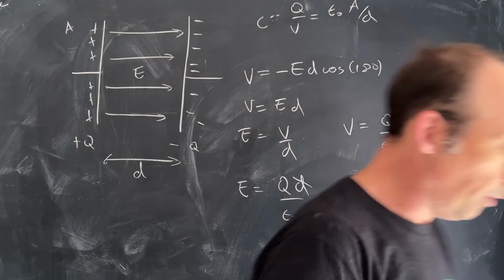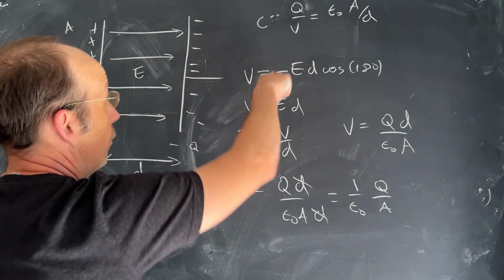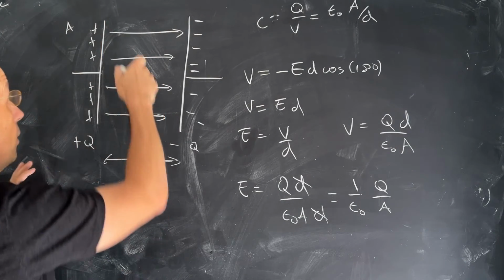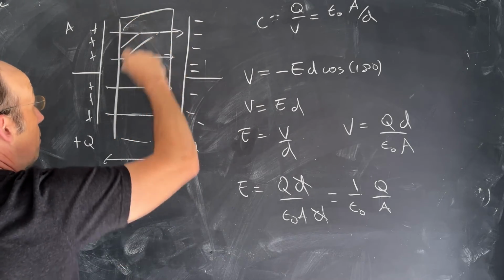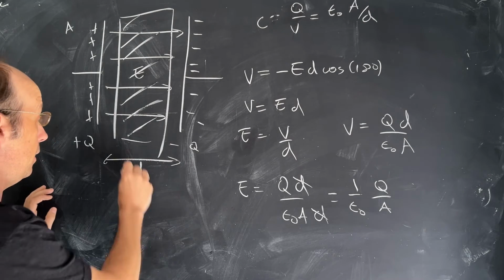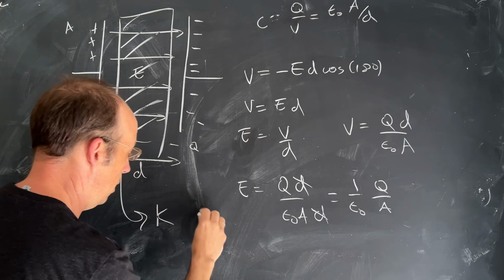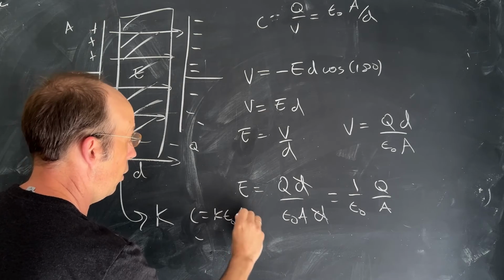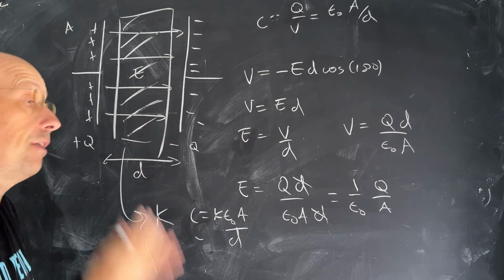Okay. Oh, and then there is this other one. We had the capacitance of a capacitor like that. It's possible that I could put an insulating material in there. So if I put some material in the middle, like plastic or something like that, it would have what we call a dielectric constant, K, and the capacitance would be K times epsilon naught A over D. So we can increase the value of the capacitor by putting in an insulator in between there.